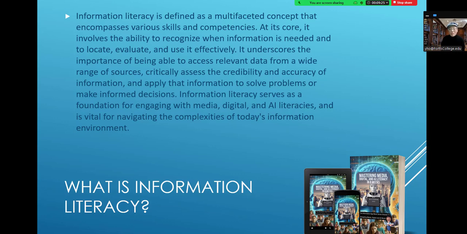Information literacy underscores the importance of being able to access relevant data from a wide range of sources, critically assess the credibility and accuracy of information, and apply it to solve problems and make informed decisions. Information literacy serves as a foundation for engaging with media, digital, and AI literacies, and is vital for navigating the complexities of today's information environment.